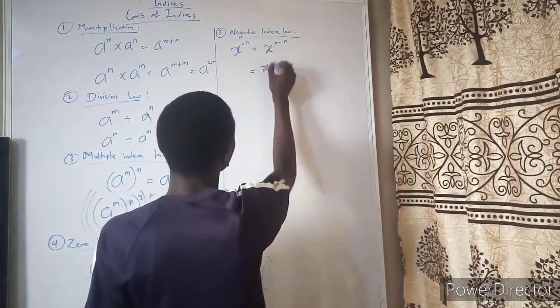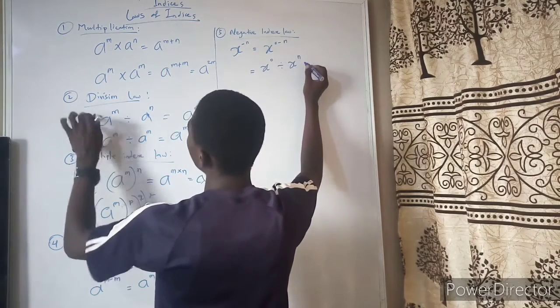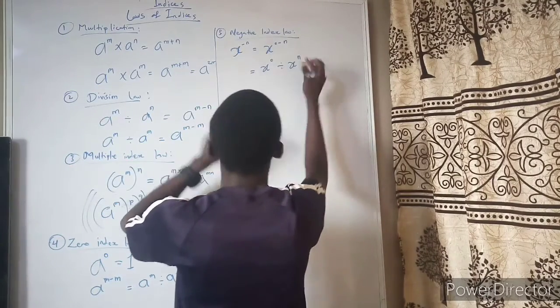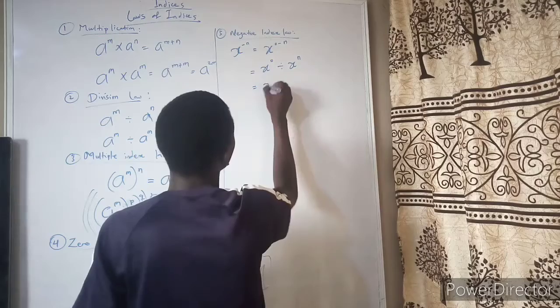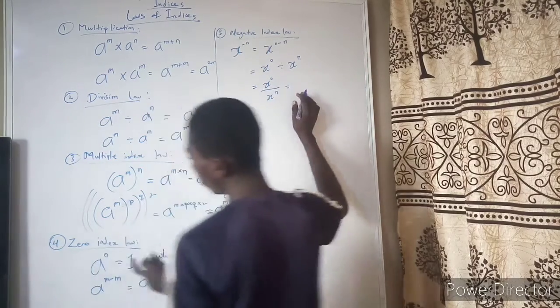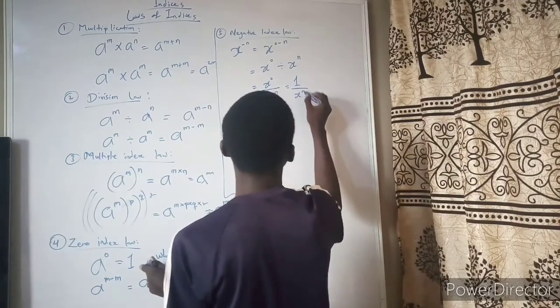So I can now say x raised by 0 divided by x raised by n, applying this law, 0 minus n, I reversed it in this case. So I'm having x raised by 0 divided by x raised by n, and using the fourth law, x raised by 0 is equal to 1. So it is 1 over x raised by n.